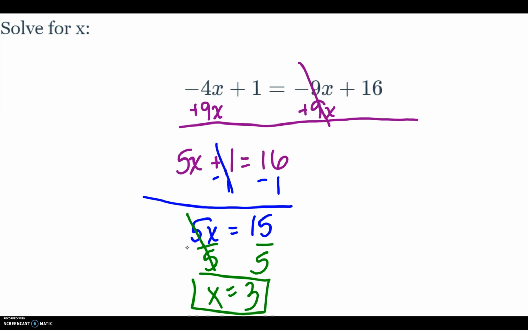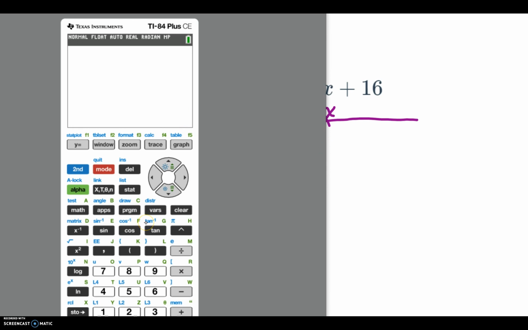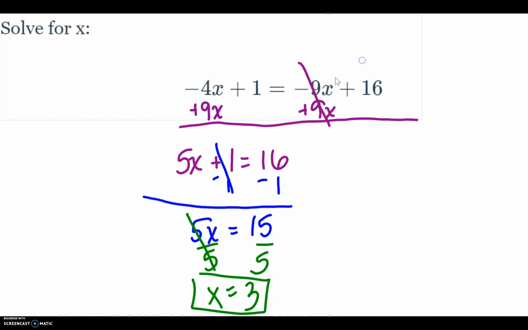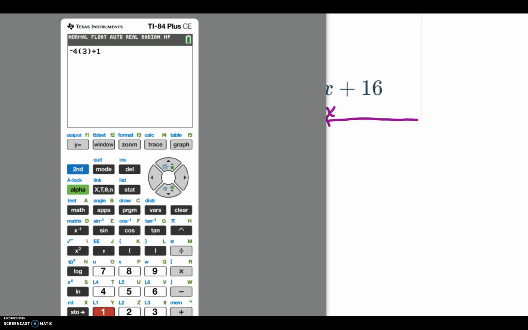You can check it if you'd like by typing it into the calculator. So we had negative 4x, where x was 3, plus 1. So whatever we saw on the left-hand side, negative 4x plus 1, we substitute the x in, hit enter.